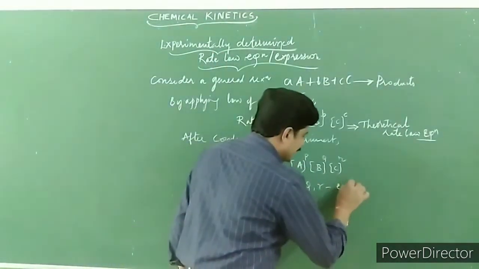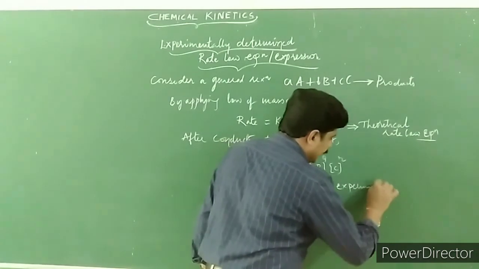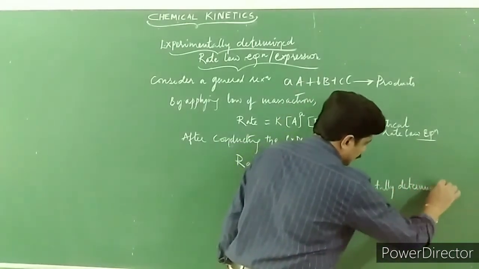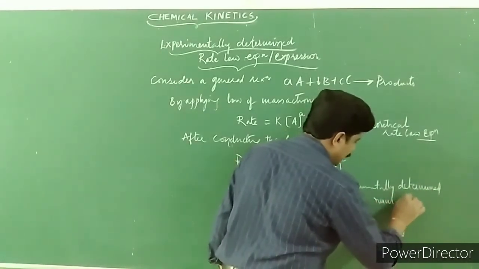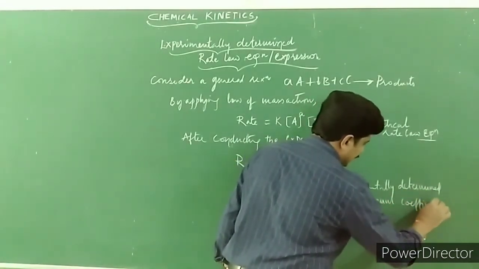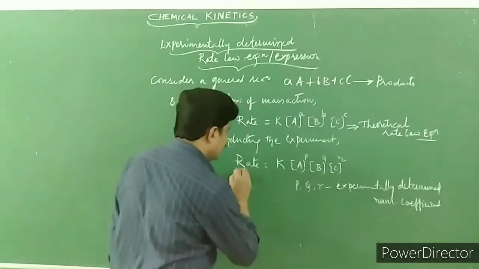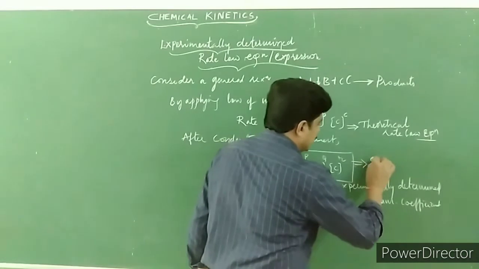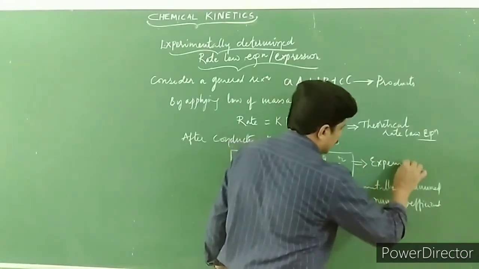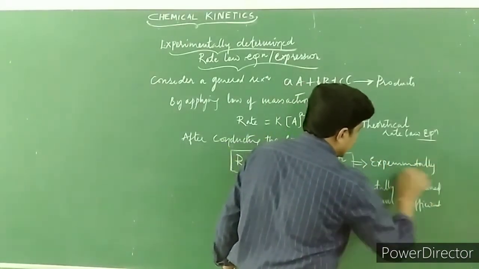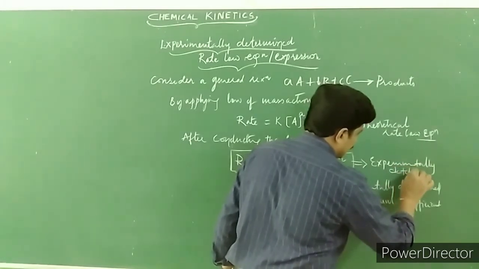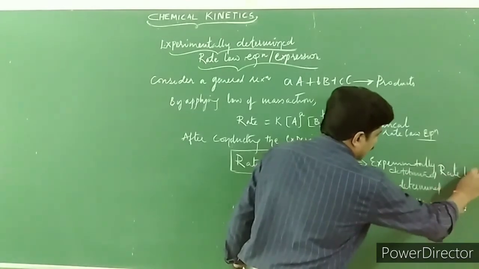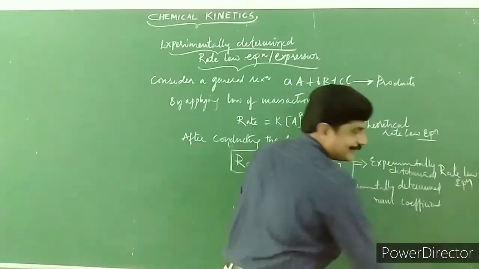Right here, these are experimentally determined numerical coefficients, and this is the experimentally determined rate law equation.